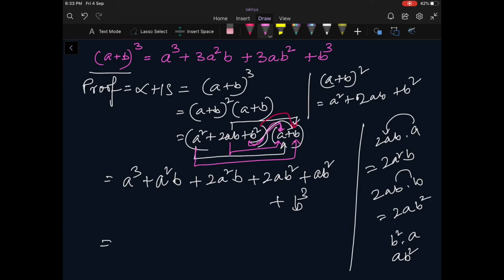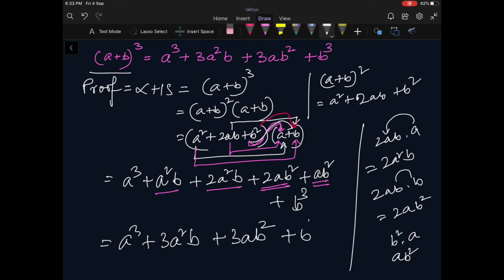Now here you see this is a square b, this is twice a square b. Their sum must be thrice a square b, so a cube plus thrice a square b. Similarly, twice ab square and 1 ab square, that gives thrice ab square.